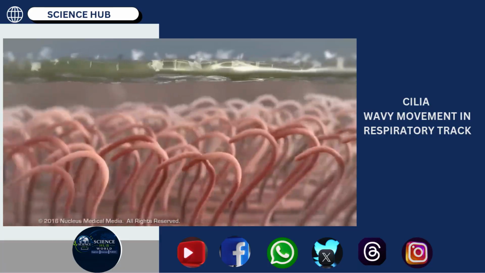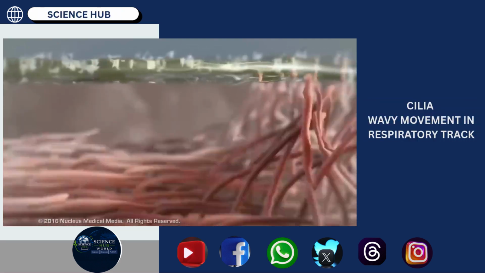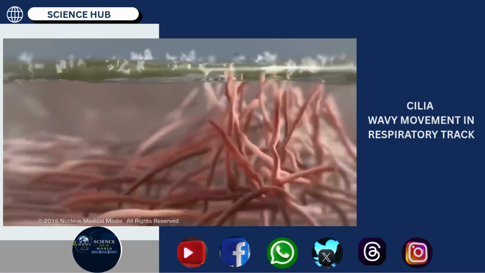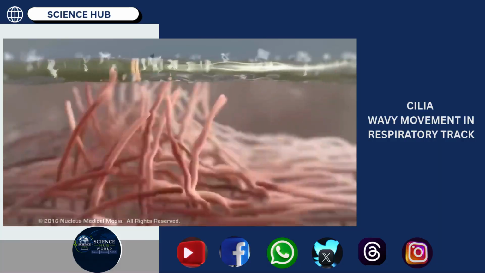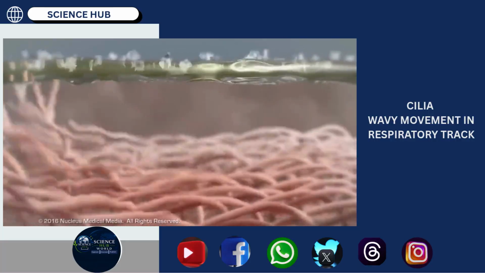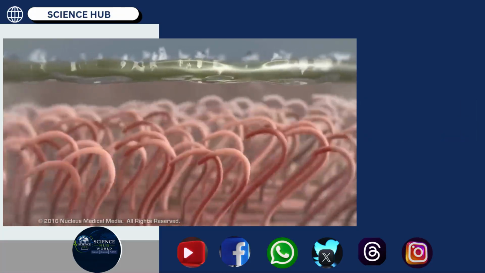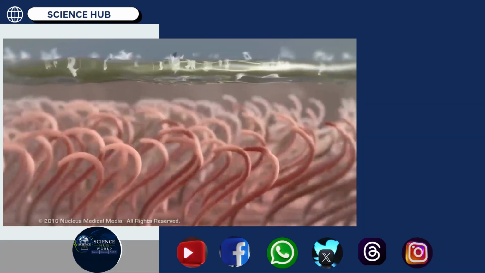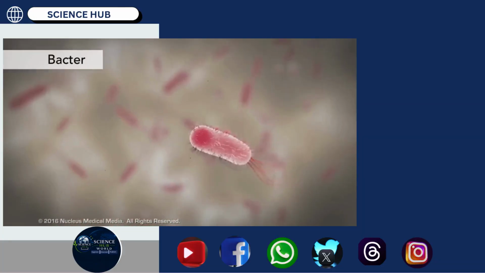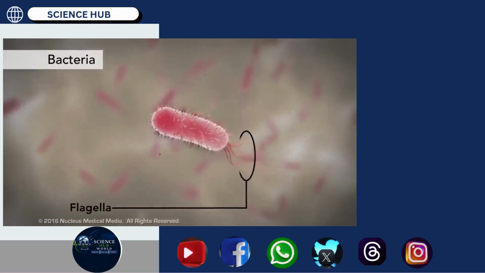This wavy movement helps them to extract the materials while inhaling, and also due to forward and back movement, when the materials need to be released during exhalation, they release the non-required material. The next are the flagella, which are present in the bacteria, and these flagella help in the movement of the bacteria.